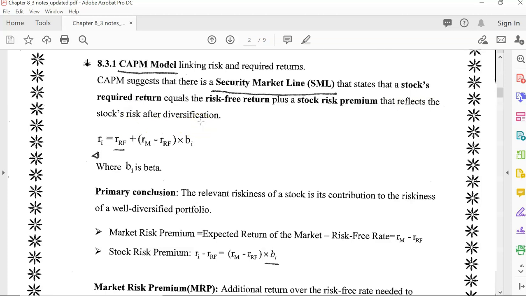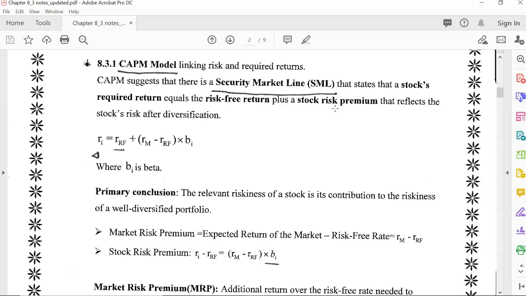Does this sound familiar to you? In our bond chapter, do you remember that a bond's required return equals the risk-free return plus bond risk premiums? The bond risk premiums include the inflation premium, default risk premium, liquidity premium, and maturity risk premium, right?